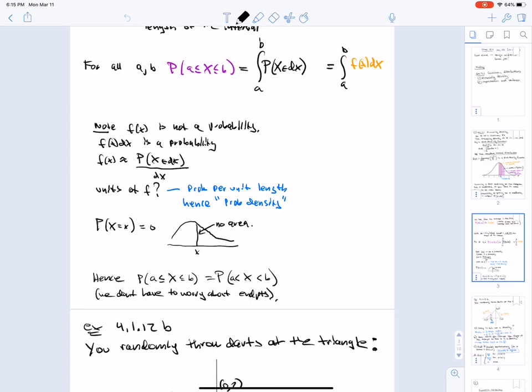So a consequence of this is that the probability that x is between a and b, including endpoints, is the same as the probability that x is between a and b, where here we have a strict inequality. So really you don't have to worry about endpoints, and I often won't.